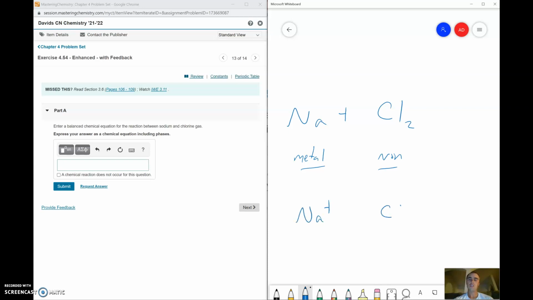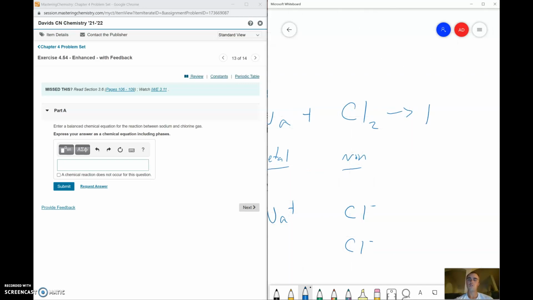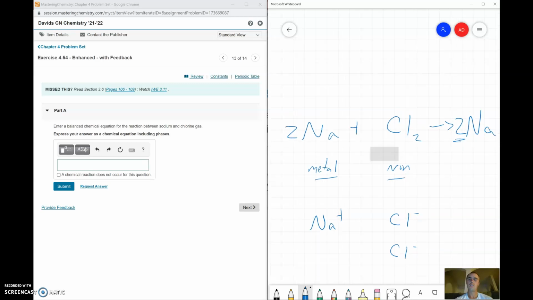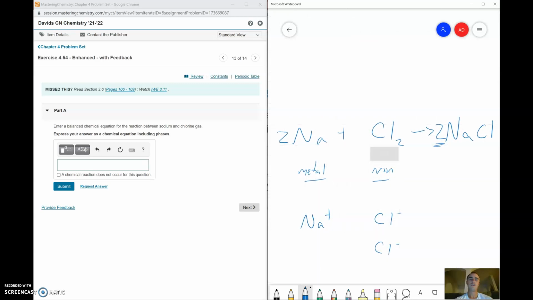When Cl forms an ion, it forms Cl minus, but we do have two of them. Everybody knows, hopefully, what sodium chloride is. +1, -1. To balance this, we do need a 2 here and a 2 here. You probably have different metals and maybe even different gases, but that's the process.